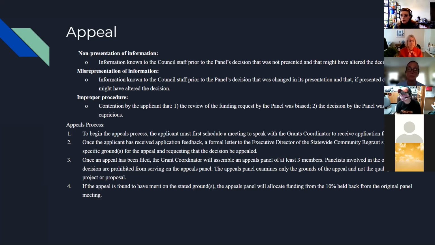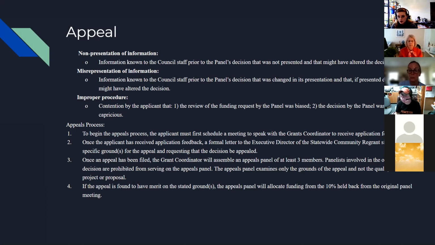Once you've submitted that, I will create a completely different panel than the one that made the first decision, and we will go over your application and your reasons it was denied. Your application itself will not be reviewed on the merit of it. So what is in it, it's not reviewing that, it's reviewing the process.